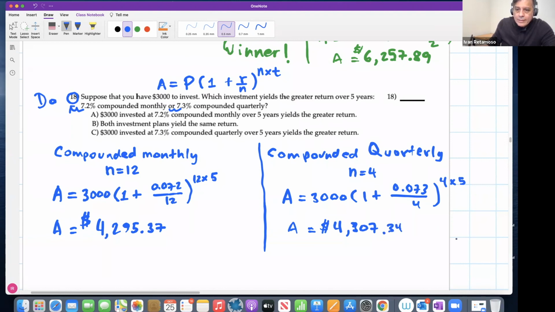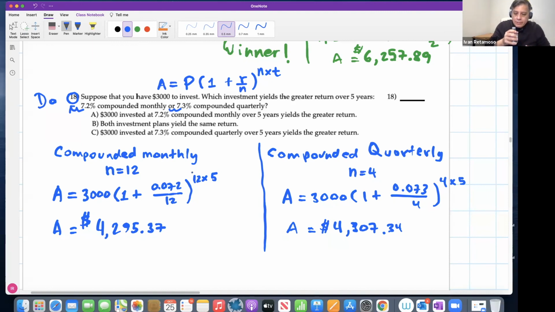307.34, right? Now, guys, comparing the two accumulated values, which choice do you think we should pick there? A, B, or C? In other words, which is the winner investment?